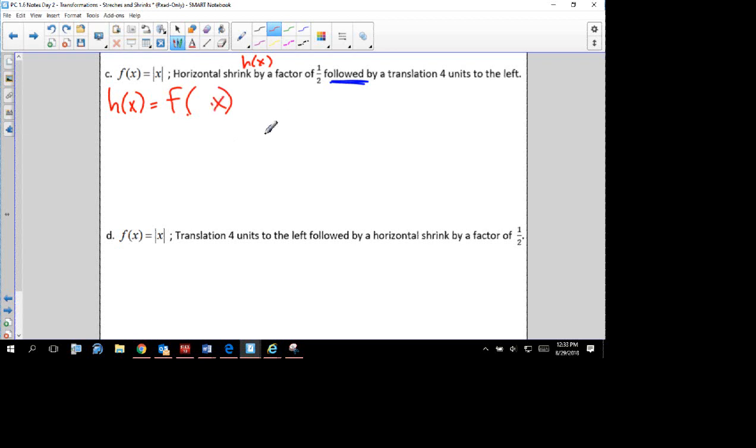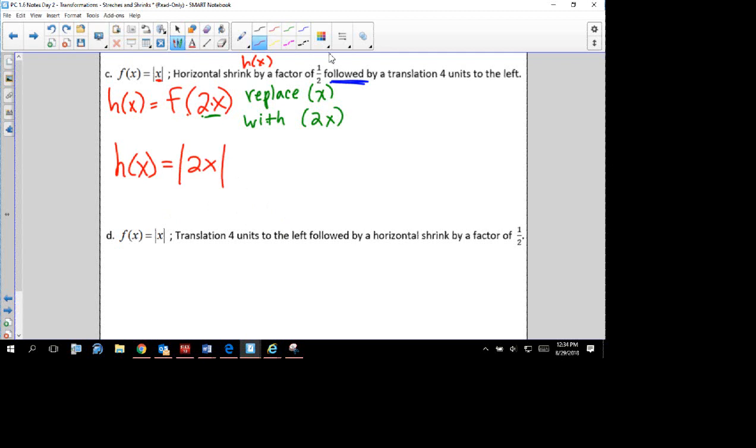Since it's horizontal, I'm not going to multiply 1/2. What am I doing? 2. And what this means is when you have f of something like that, we're going to rewrite the equation, replacing any x with 2x. So in the equation, wherever I see an x, I'm going to make it 2x. So h of x equals, here's my x right there, absolute value 2x. So I replace x with 2x.